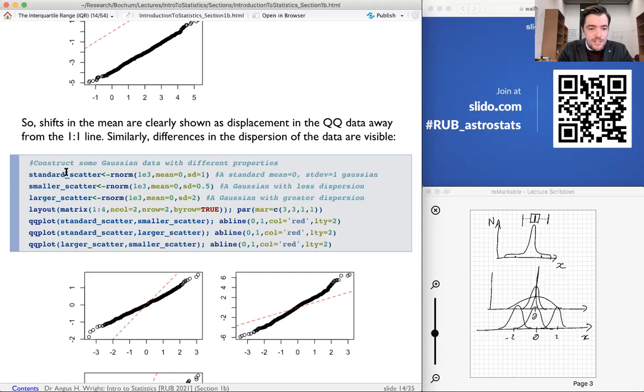The standard scatter data set, we plot against the small scatter data set. And what we find, again, is that instead of shifting away from the one-to-one line, the tilt has changed in the one-to-one line. If you do the same with the standard scatter and the large scatter, again, you see a change in the tilt of the QQ plot with respect to the one-to-one line.